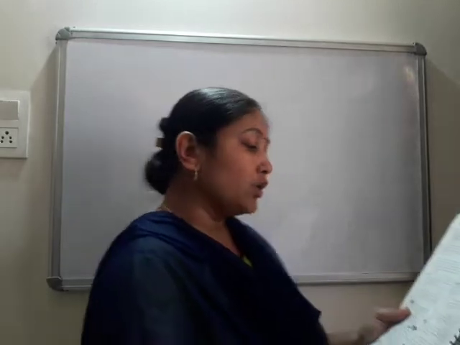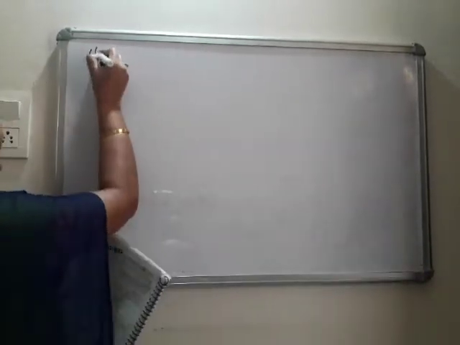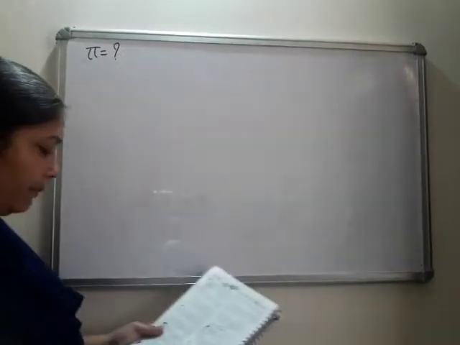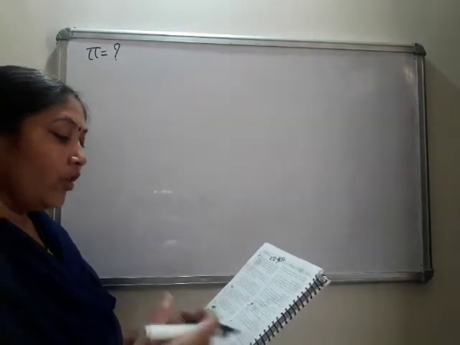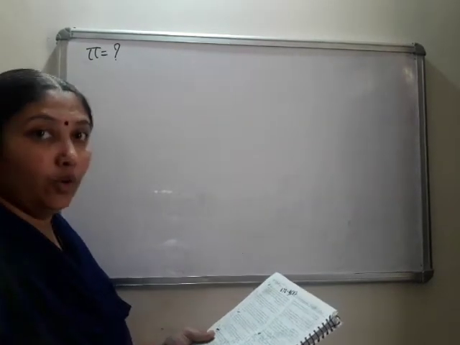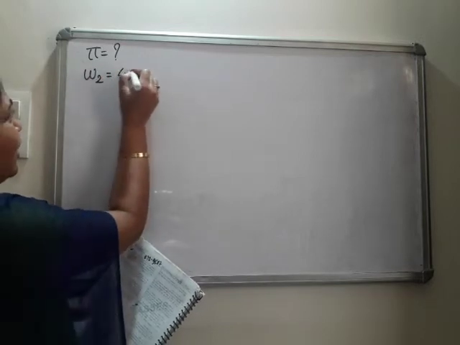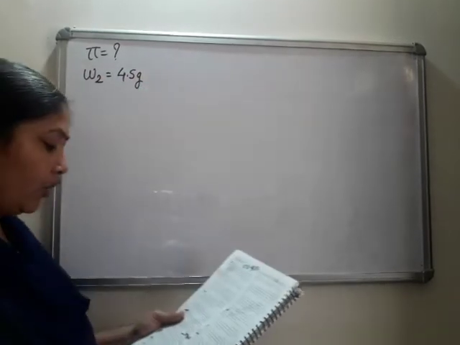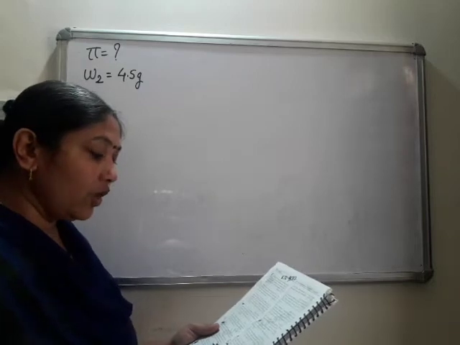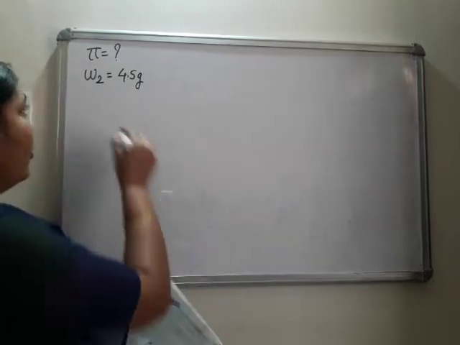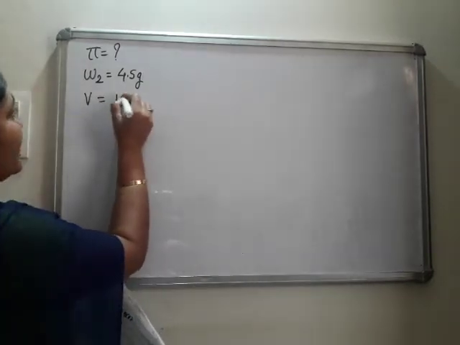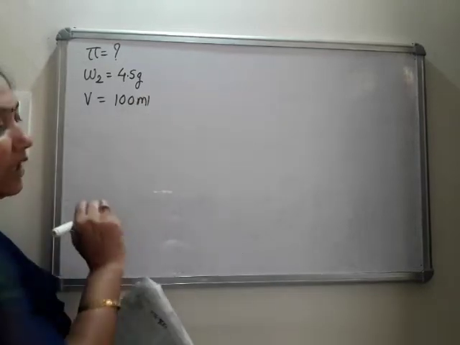Okay. See what is given. Calculate osmotic pressure means we have to find value of pi. The amount of solute is 4.5 gram of glucose dissolved in 100 ml of water, so volume of water is given as 100 ml.